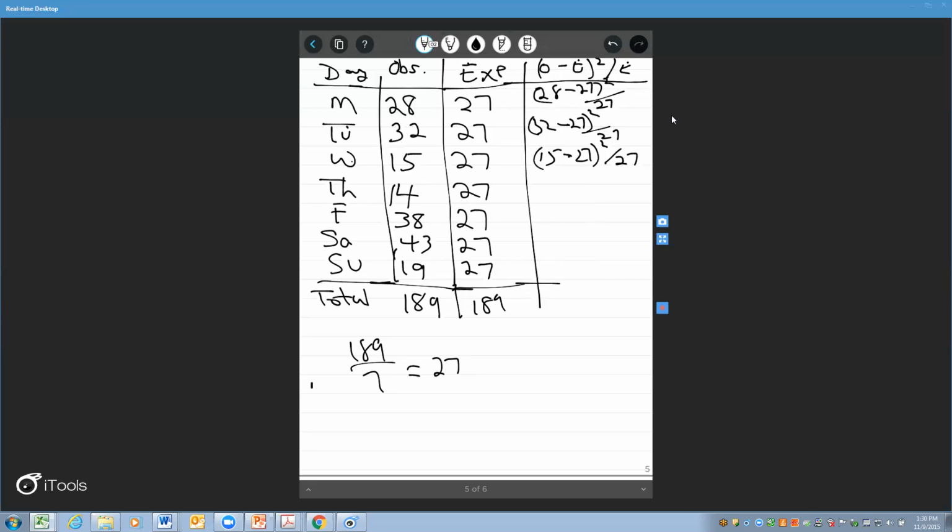We take the observed column minus the expected column, we square each of those answers, and we divide by the expected number in that column. We could continue doing this all the way down, and then we will add all of those up. So again, these are the values that we're getting: the observed minus the expected quantity squared over E.